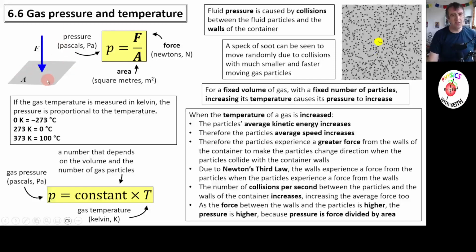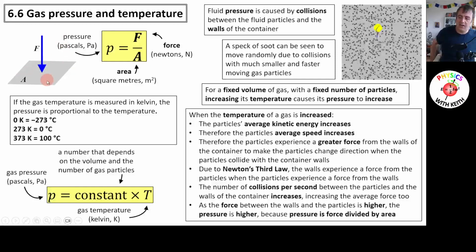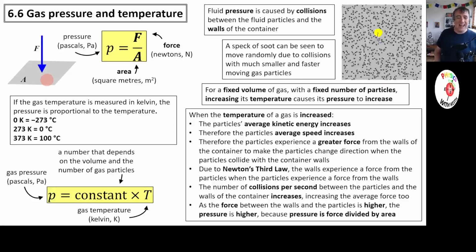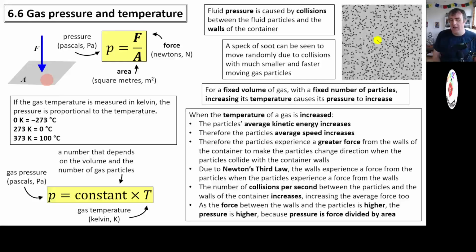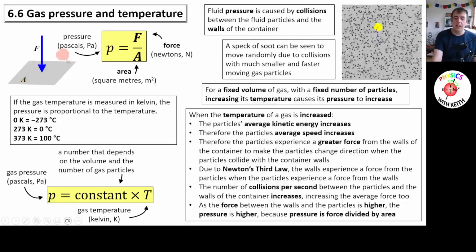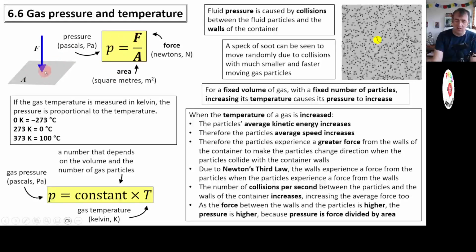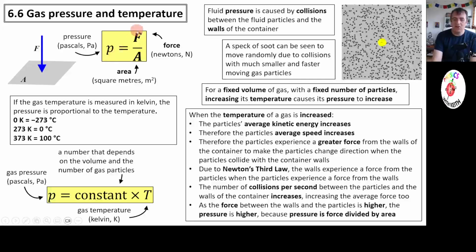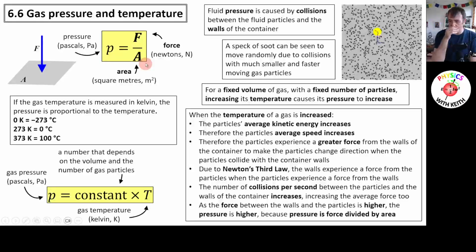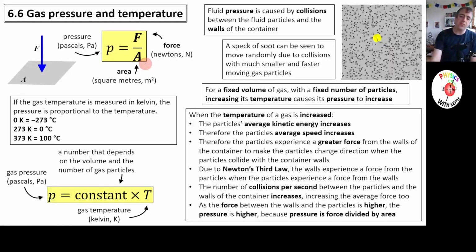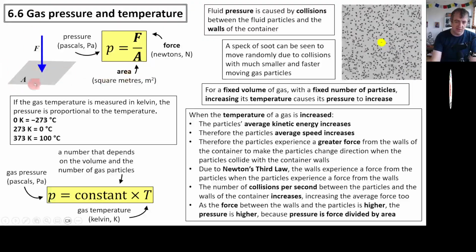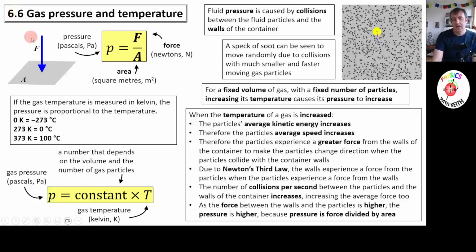I'm not going to go into more detail about that because I talk about area vectors extensively in A level, and you don't really need to know it for GCSE. It's just for completeness I wanted to make sure that the vector nature of area and force were included. Don't worry about it. Pressure is force divided by area is all you need to remember. And the force should be perpendicular to the surface of that area.